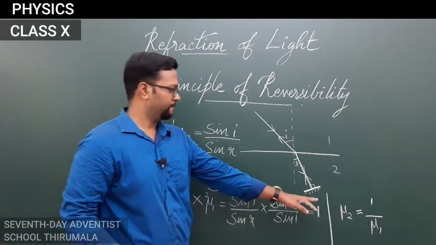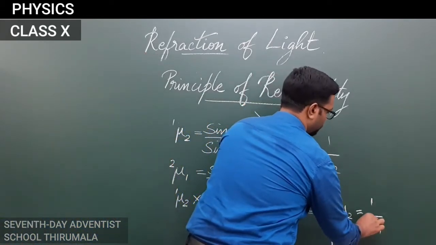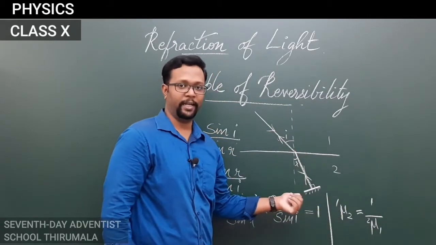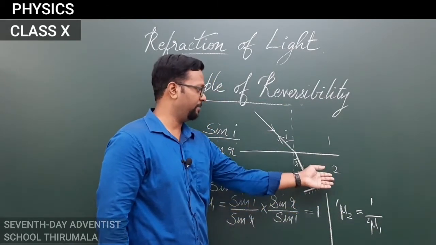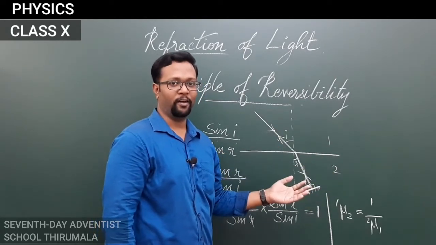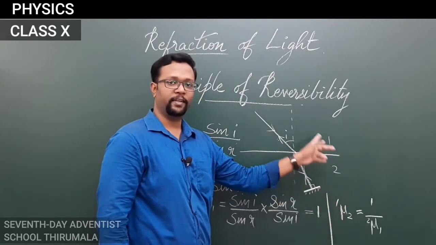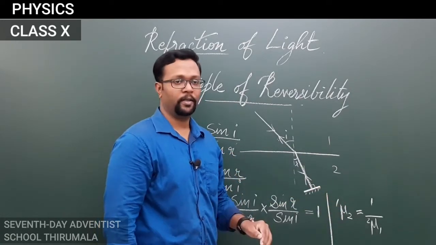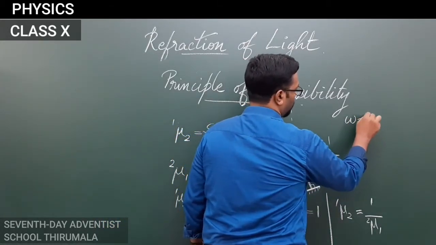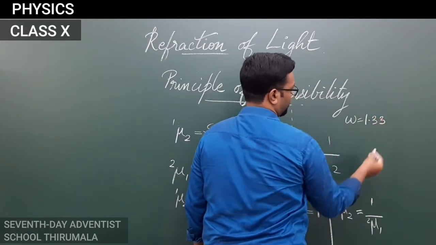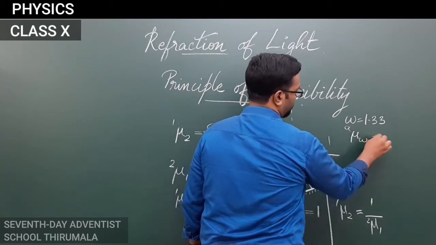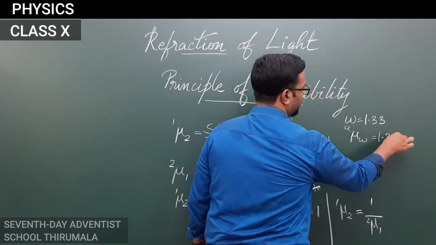So when a light ray is travelling from one medium to another medium, then the refractive index of the second medium with respect to the first medium is equal to the reciprocal of the refractive index of the first medium with respect to the second medium. We have already said that the refractive index of water is 1.33. This is the refractive index of water with respect to air, which we write as 1.33.